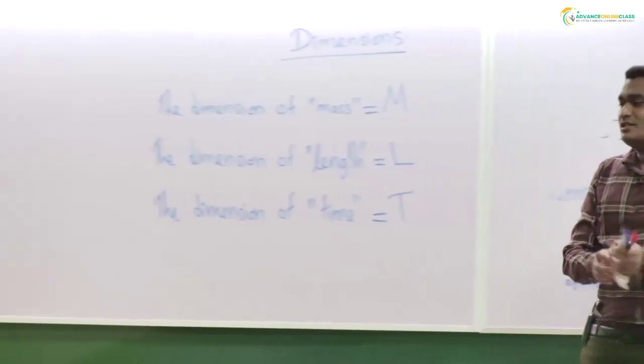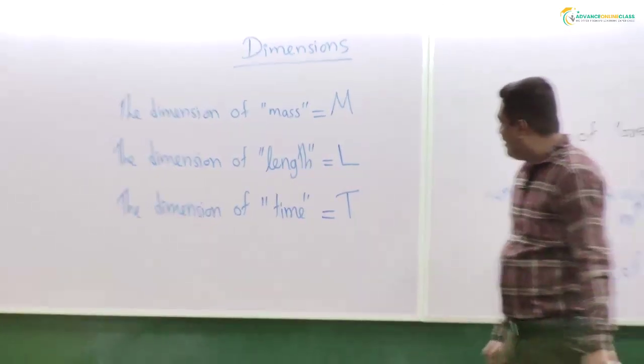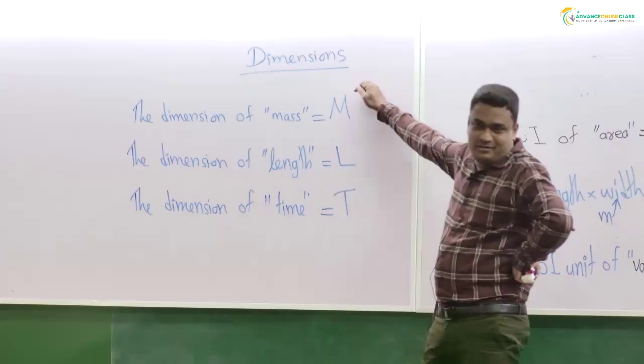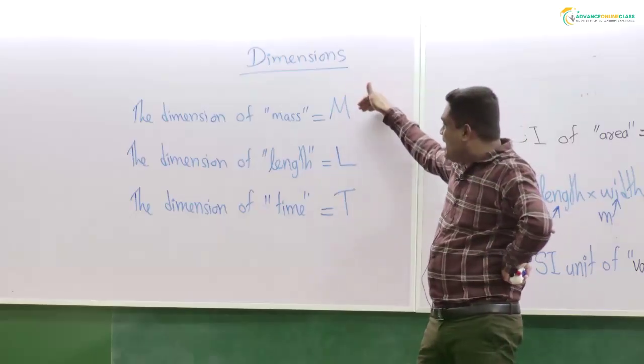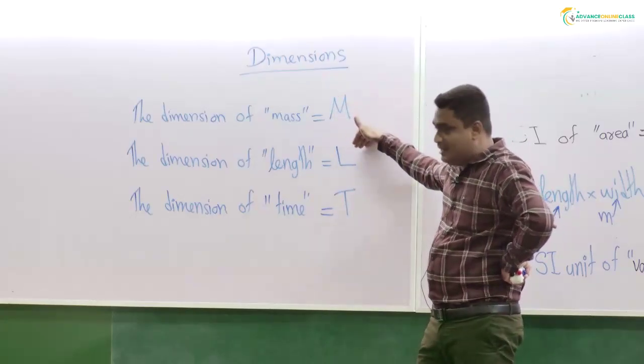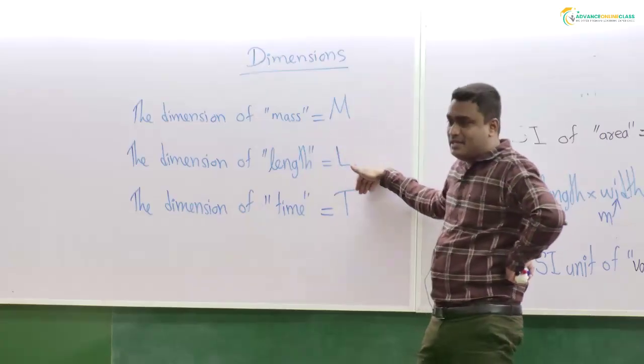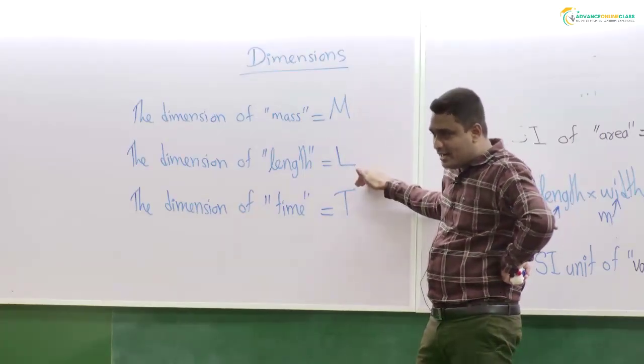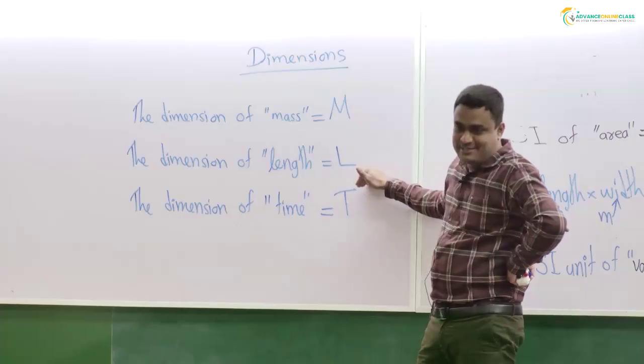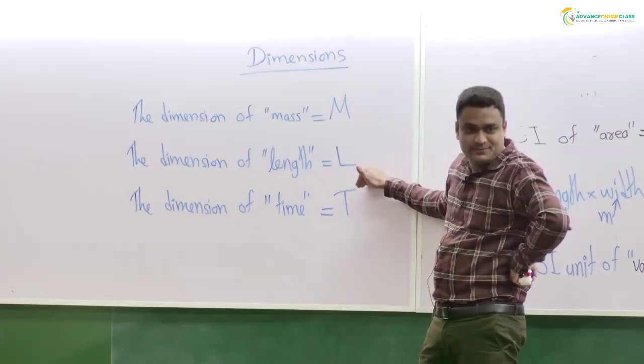Then what are dimensions? According to this, dimension of mass capital M, dimension of length capital L, dimension of time capital T, you can argue that dimensions are English letters. Am I right, dear?